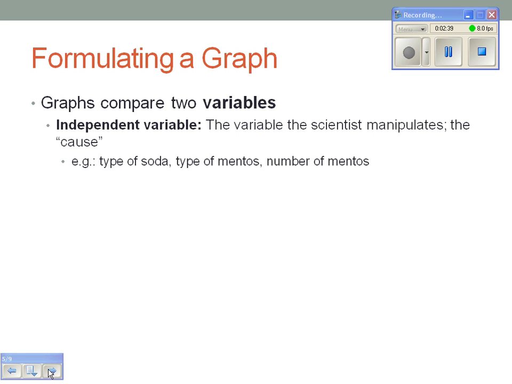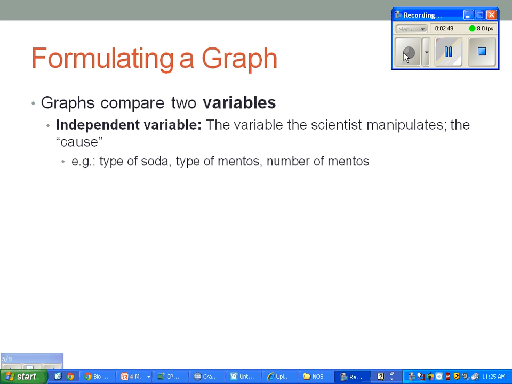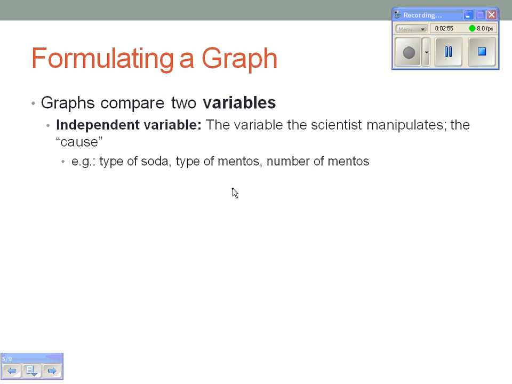Some people did Coke versus Coke Zero versus seltzer water versus regular water. They decided to change the type of liquid. The people that did fruit versus Mentos, the type of Mentos was their independent variable. They decided to change that about their experiment, right?